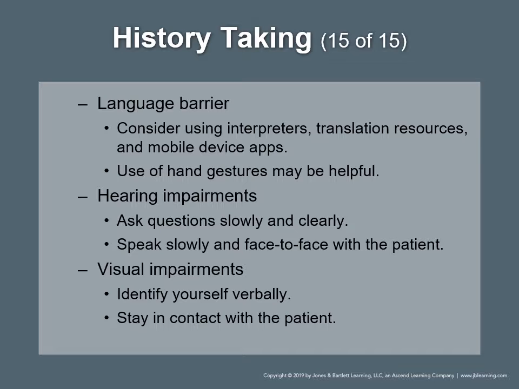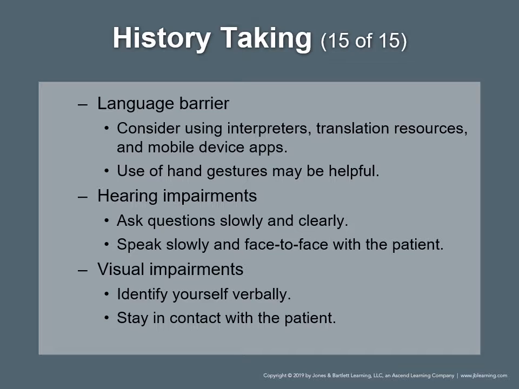Blind, visually impaired. Just be aware that, just like hearing impaired, there's different degrees. So visual impairments and hearing impairments can be total or could be on a scale.